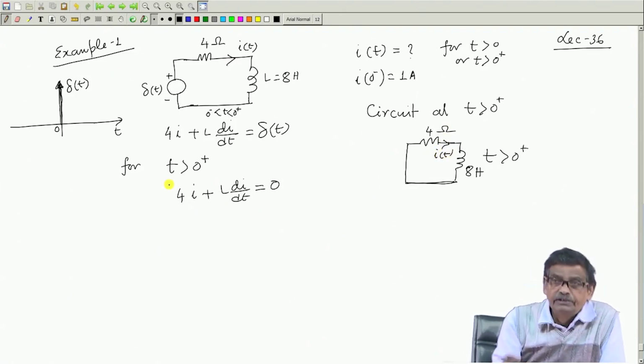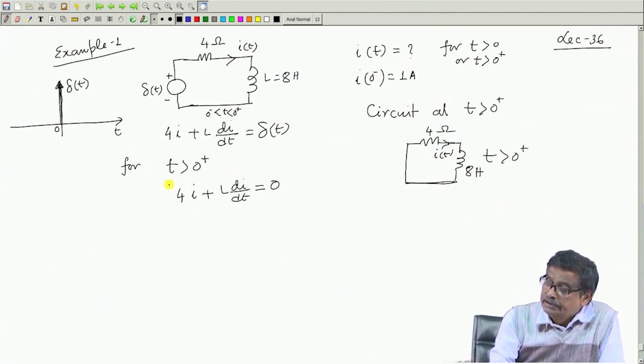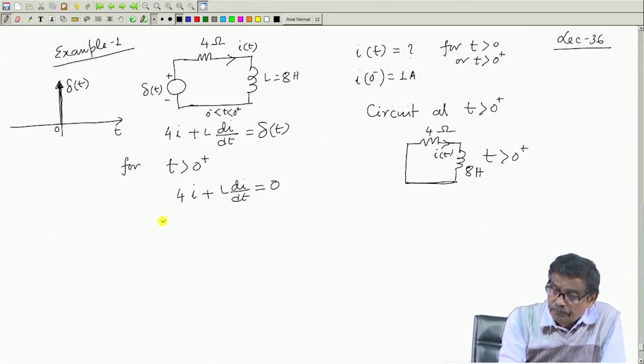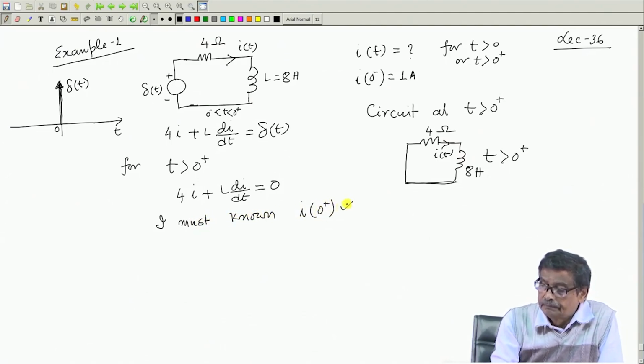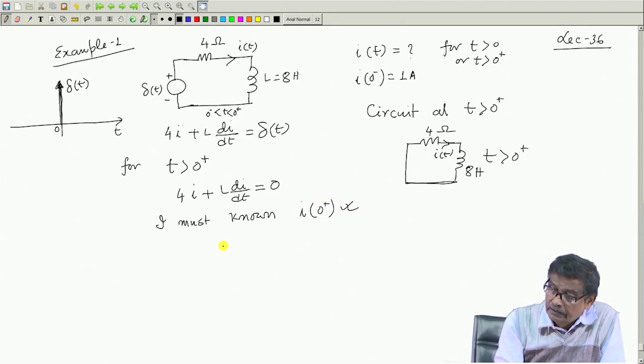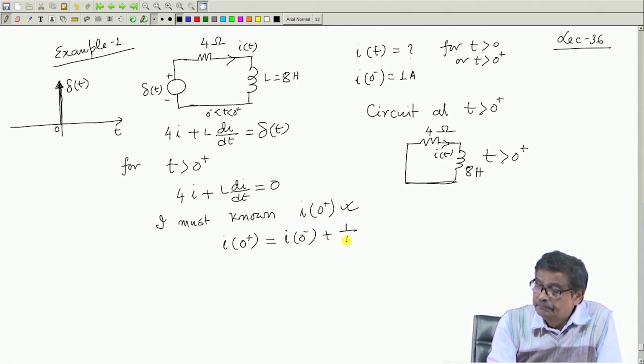Now, to solve this differential equation, I should know the initial condition. What is the initial condition? I must know I0 plus to solve this differential equation. How to know I0 plus? We have seen that I0 plus will be equal to I0 minus plus 1 by L, is that not what we have seen?